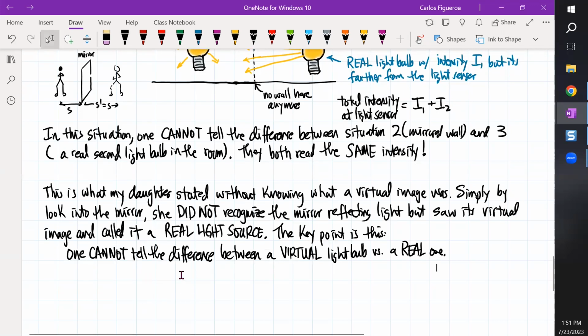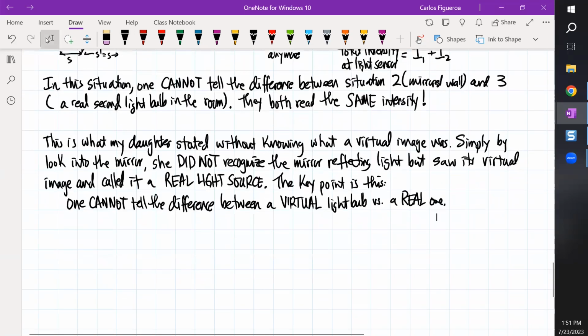So if I think about this picture here, here's what I imagine. Here's where the wall was, and now I need to put my light bulb right here.